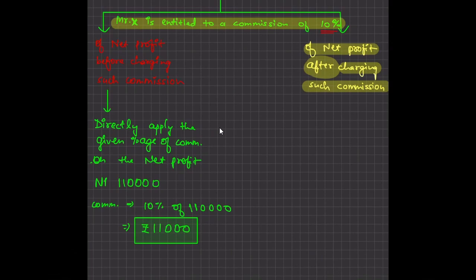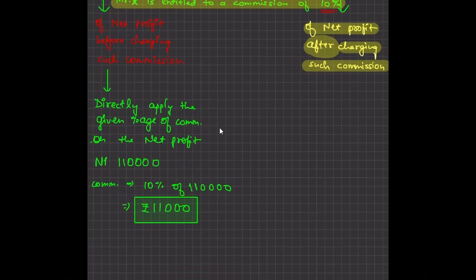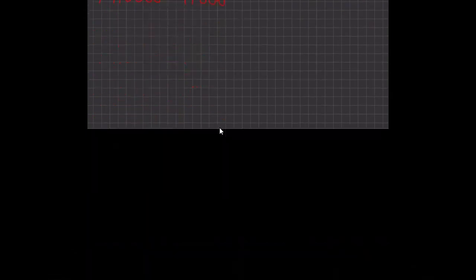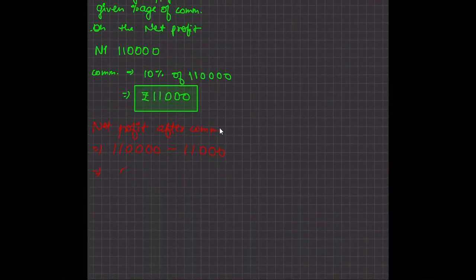Here, on the first case, what is the net profit after commission? Earlier the net profit was 1,10,000. Now I have given 11,000 as commission, so my net profit is remaining as 99,000 rupees.